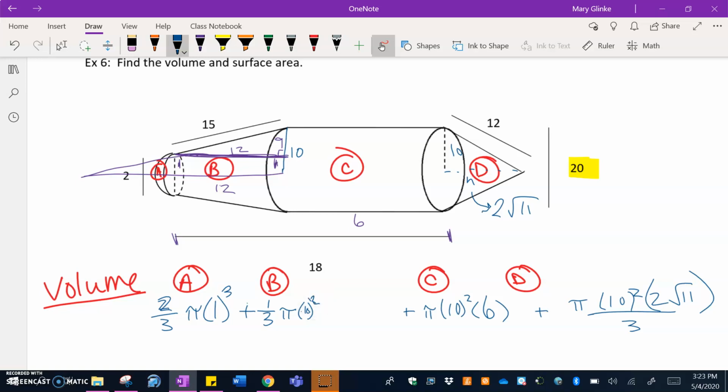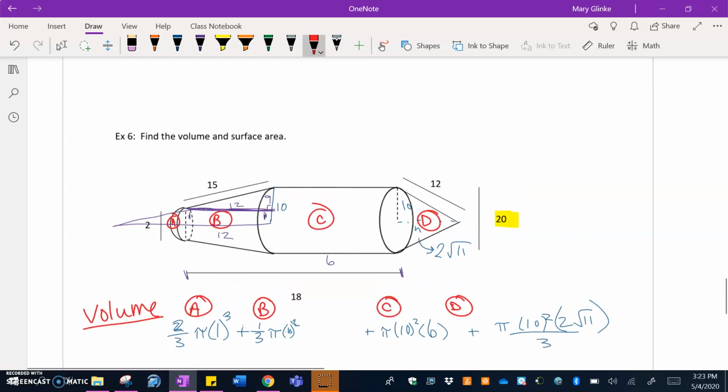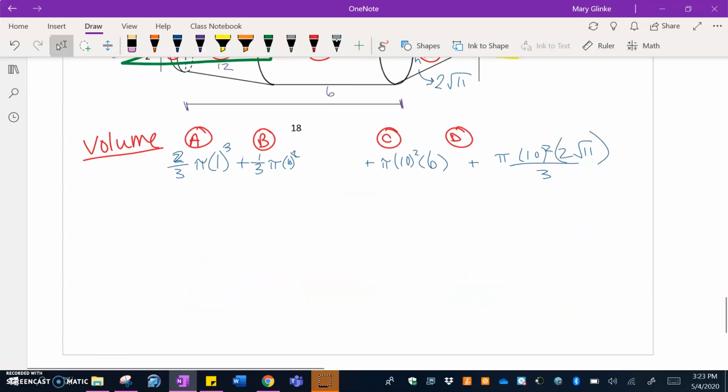And so we don't actually know what the height of the larger cone is yet. So what I'm going to do is zoom out just a little bit and create another right triangle here that's a little bit nicer to see. So I am going to move this triangle down here so it's a little bit easier to see.